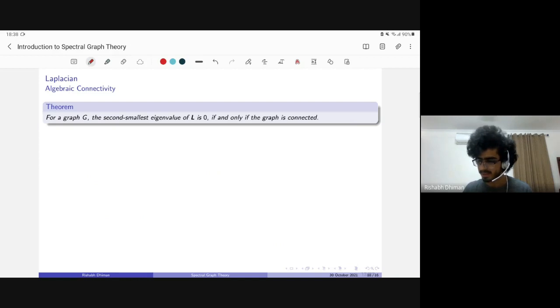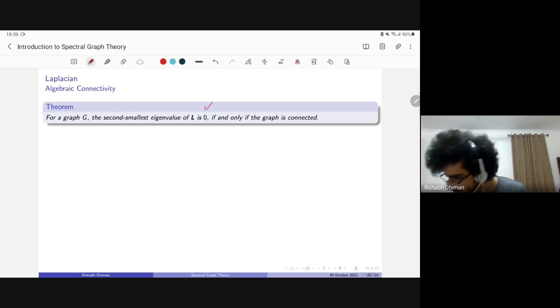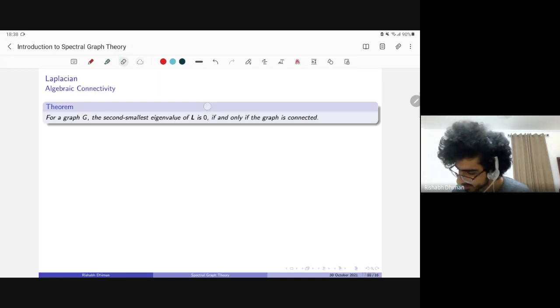You have this nice result that the second smallest eigenvalue of L is not 0 if and only if the graph is connected.